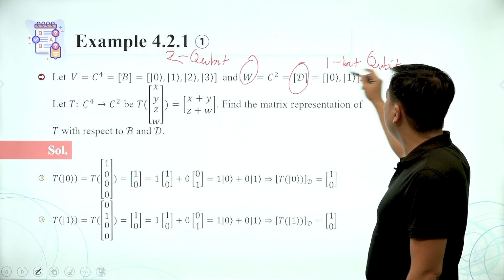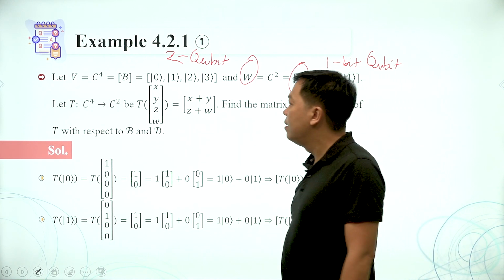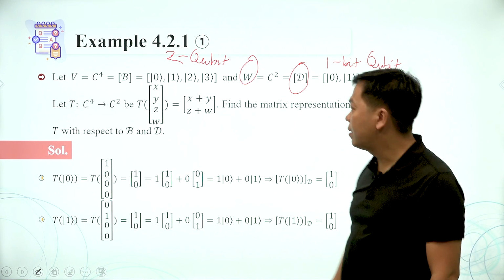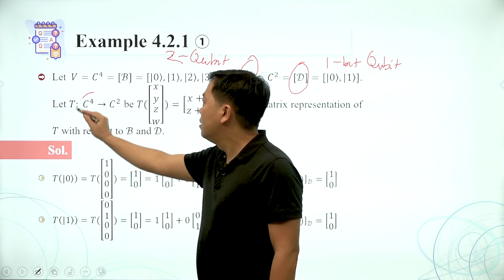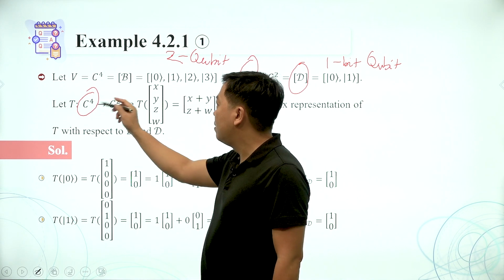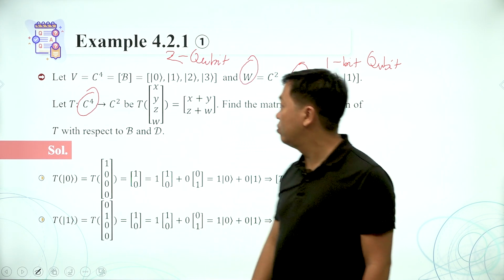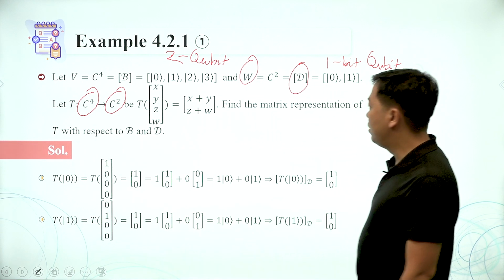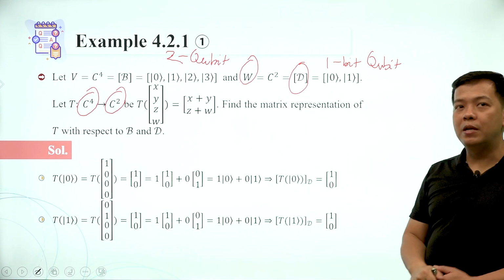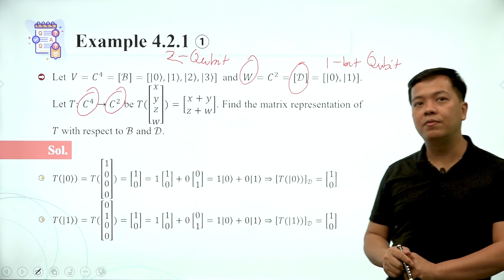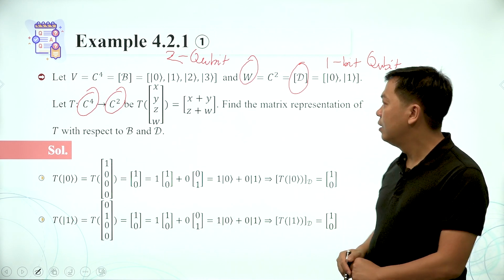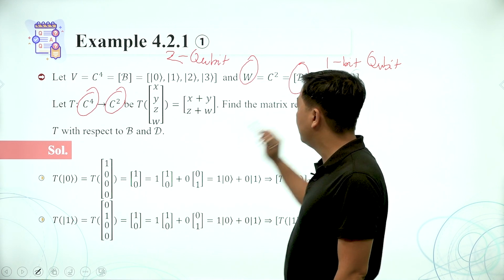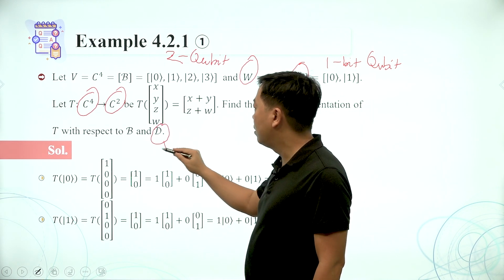If we transform between the two, from C4, that means we transform from 2 qubits to 1 qubit. So we need to find the matrix representation for T, given the two bases and the new dimension D.